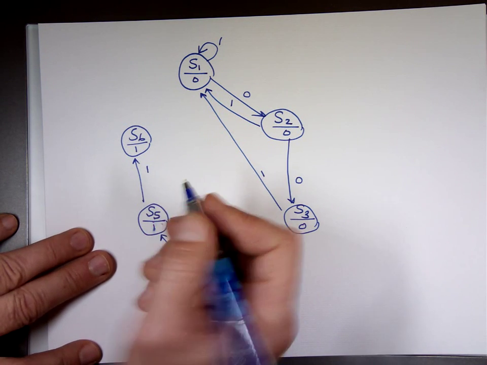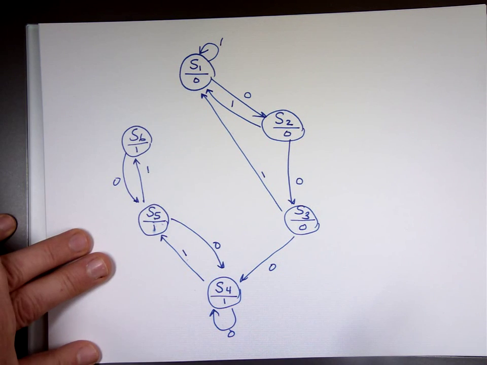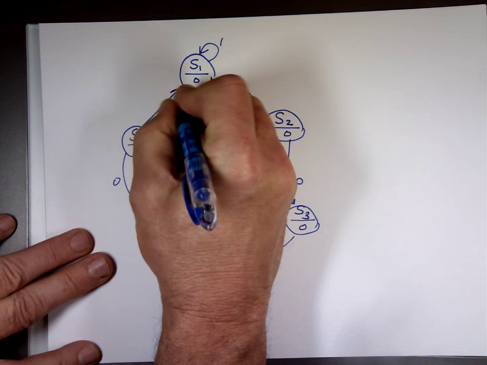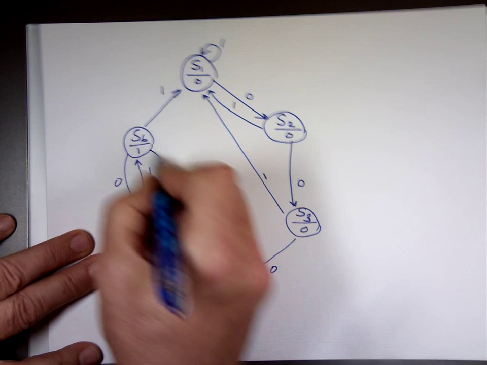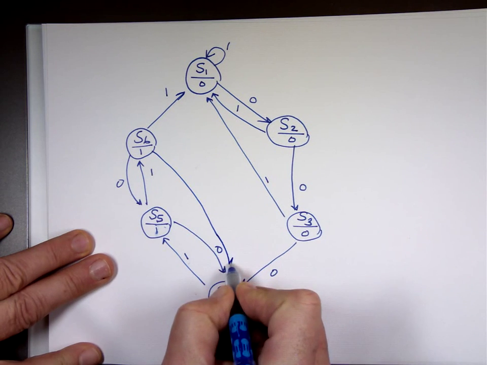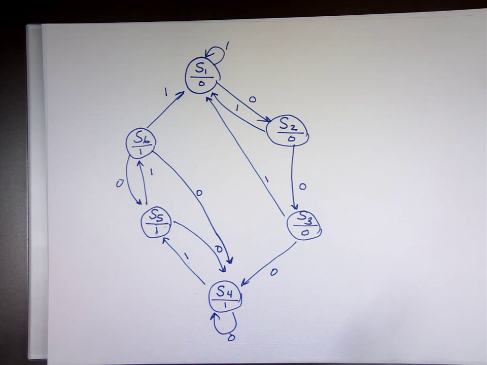And where's my 0 going? 0 going down here. I don't know, I'm just drawing lines. 1 going back there. And 0 going, I don't know, 4. Is that messy enough? Don't we have 2 zeros on 6? On 6?